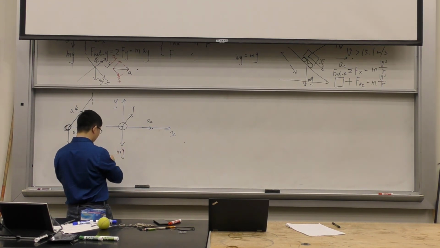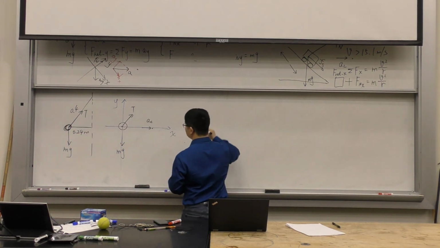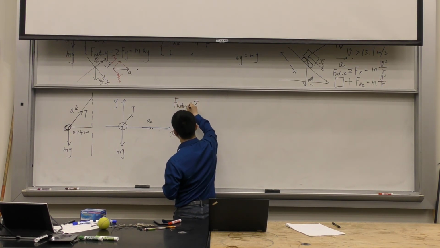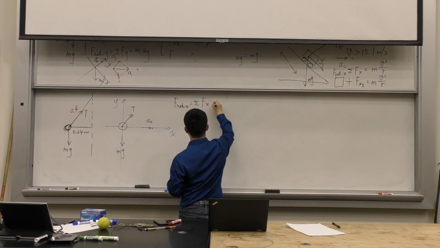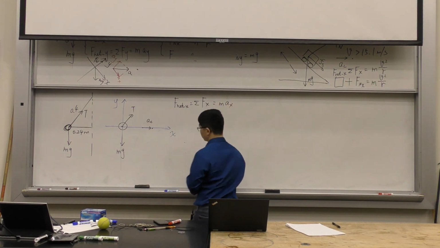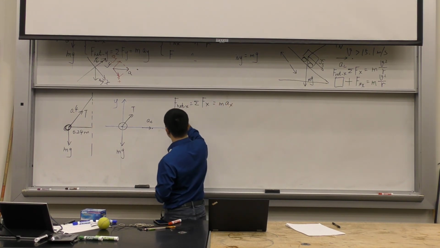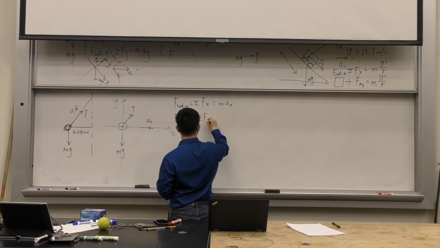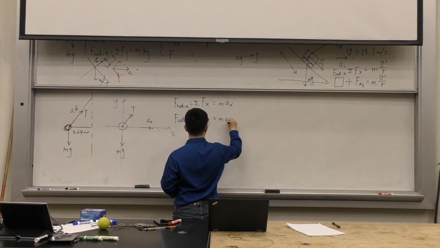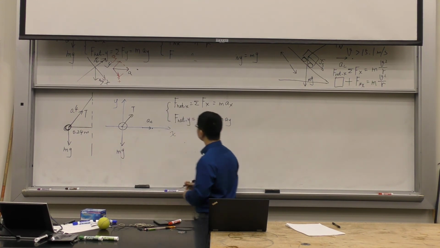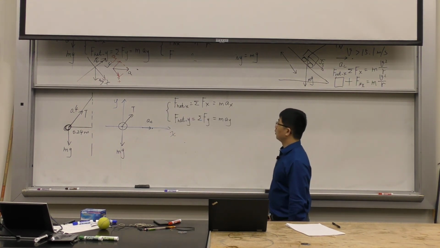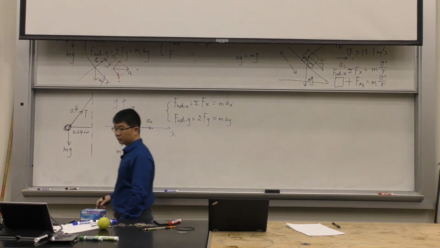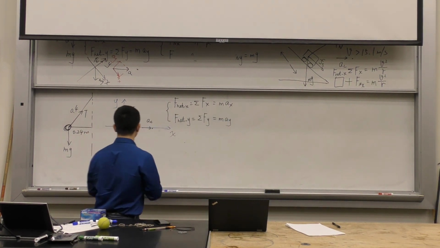So if I set up Newton's second law, what do I get? Net force in x direction, the sum of all the forces in x direction, equals mass times the acceleration in x direction. And then do the same thing in y direction, equals m a_y. If I use this x and y, I would break the tension into x and y components.